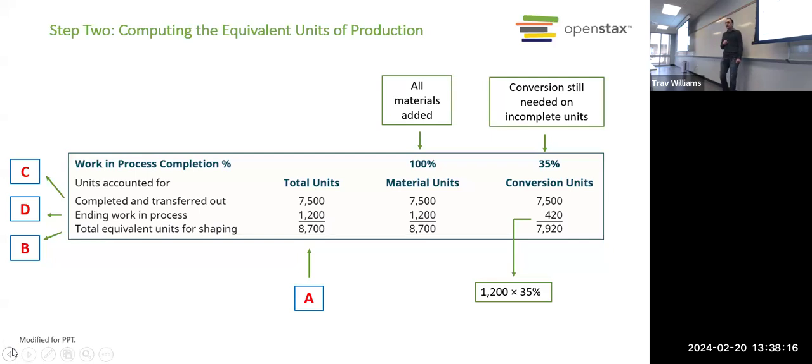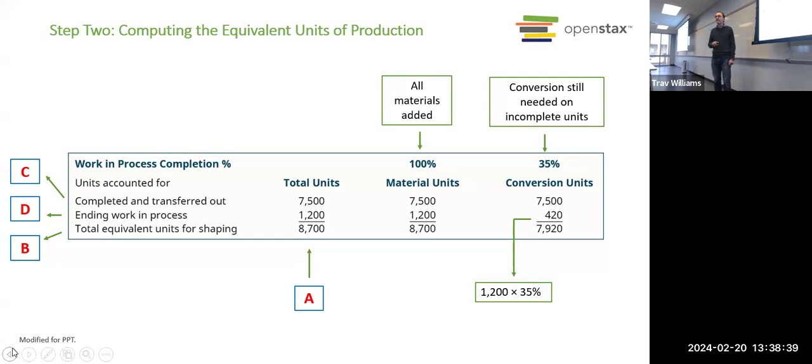It's always going to be to figure out the conversion costs. Yep, you're always going to take how many units are in process, which we see here will be the same number under total materials. You just take that number, multiply it by the percentage that's given to you in the instructions for that exercise or problem, and that will get you the number.